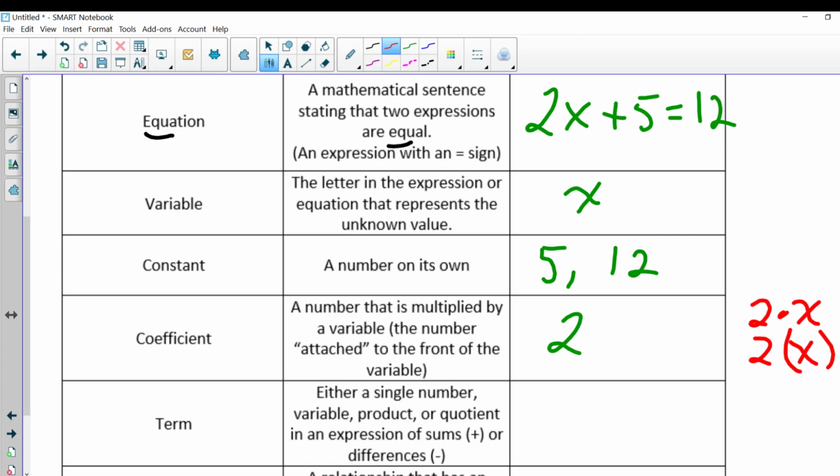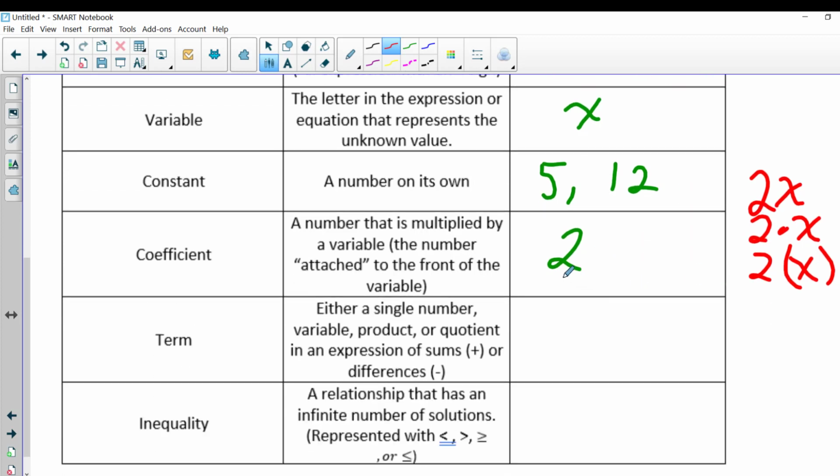Well, now, when you are multiplying a coefficient and a variable, another way to write that is simply putting the number and the letter together. This means 2 times x. So, let me write that a little better. 2x means the same thing as all of these: 2 times x, 2 in parentheses x. We don't tend to see these two very often, and that's why 2x means 2 times the variable x. So again, our coefficient is the number that is multiplied by the variable, or essentially think of it as attached to.